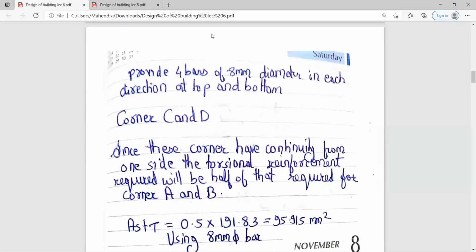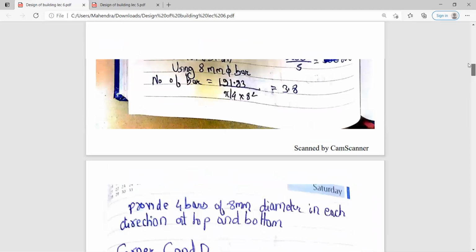In both directions, you have to provide 4 bars of 8 mm diameter for the corners A and B. Now we have calculated for A and B. Next you need to calculate the torsional reinforcement for the corners C and D. Since these corners have continuity from one side, the torsional reinforcement required will be half that required for A and B. The AST you calculated for A and B, you have to take half of it for C and D. Why?